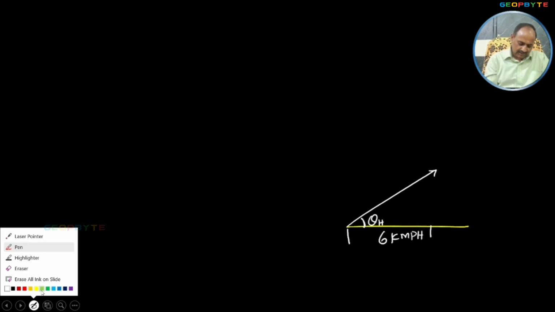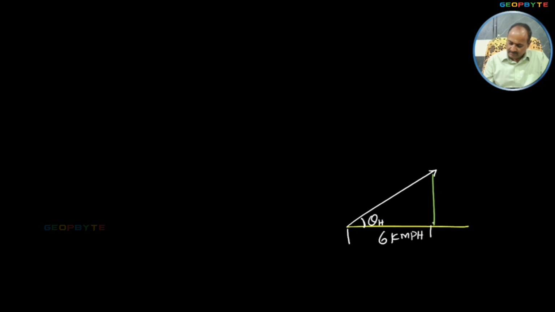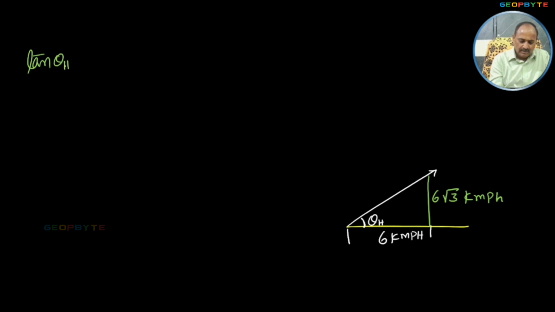Here horizontal velocity is given, that is man velocity 6 km/h, whereas the rain is falling vertically with a speed 6 root 3 km/h. With respect to ground, horizontal means ground.